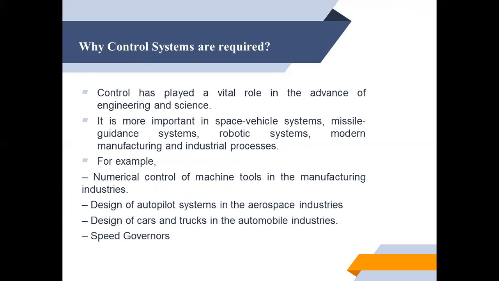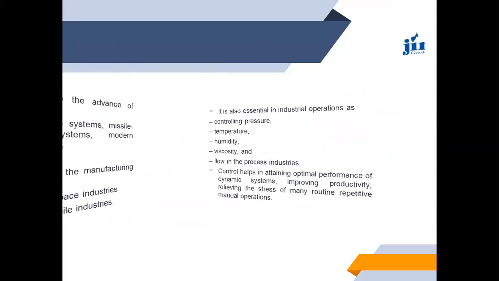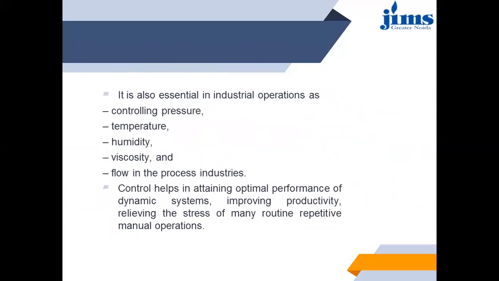For example, the numerical control of machine tools in manufacturing industries, design of an autopilot system in the aerospace industries, design of cars and trucks in the automobile industries, the speed governing system. Everywhere we require a control system.